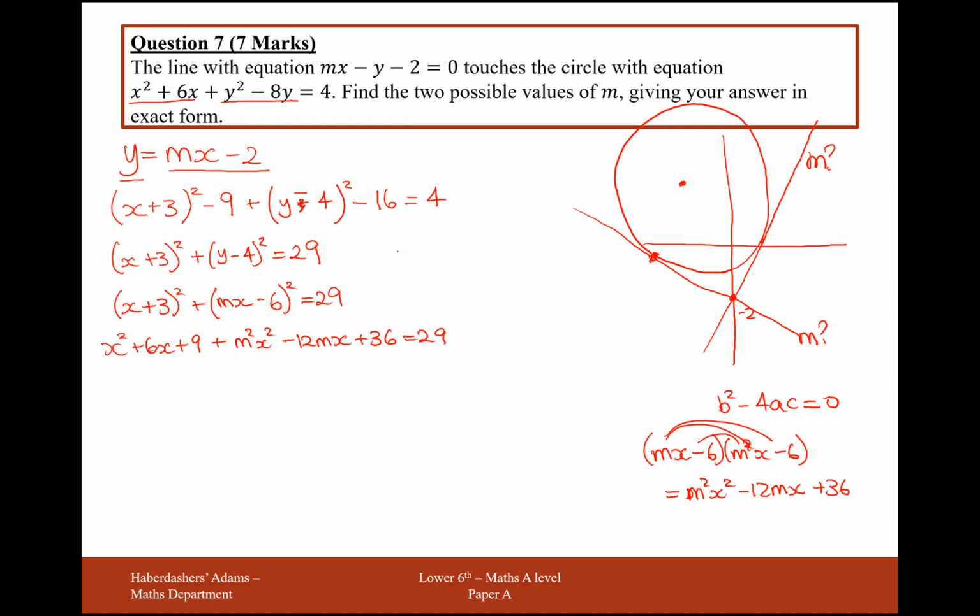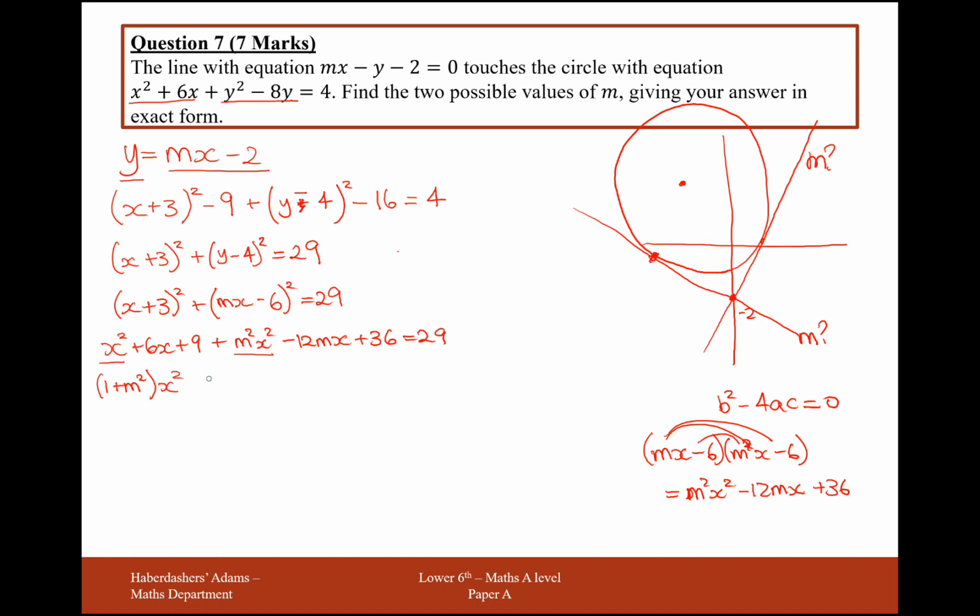equals 29. So taking everything onto the left hand side now and grouping the x squareds together first. So I'm going to get (1 plus m squared) x squared. So you see here I've factorised out the x squared from both of these two terms to get 1 for the x squared here and the m squared for the m squared x squared there.